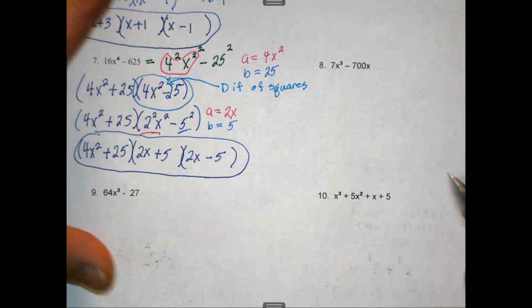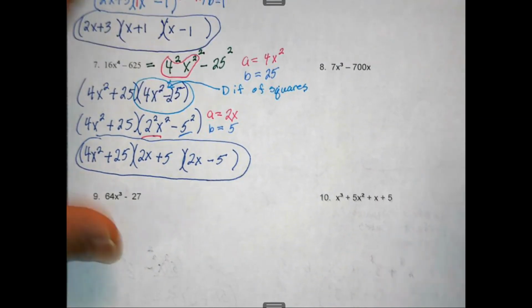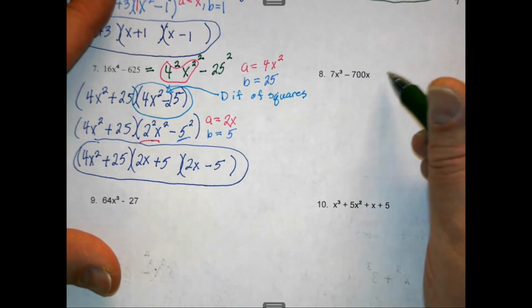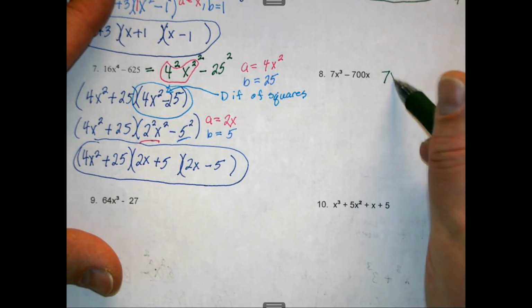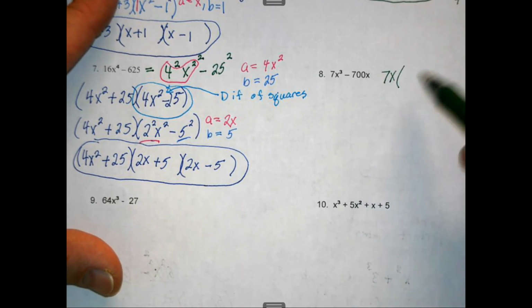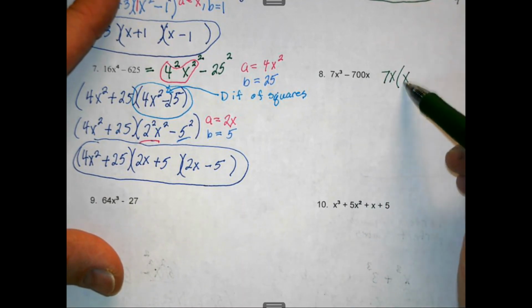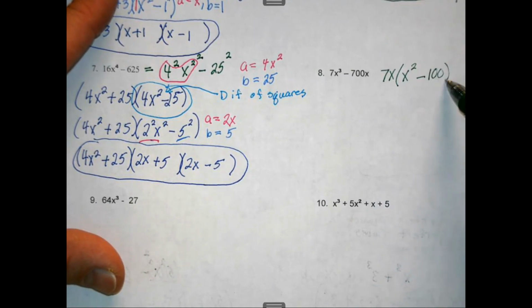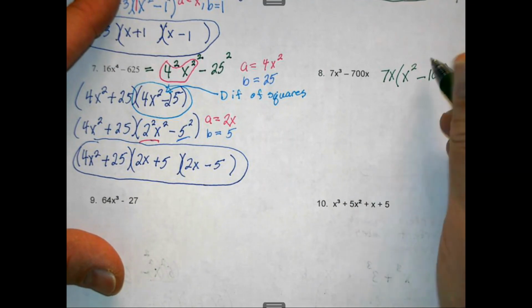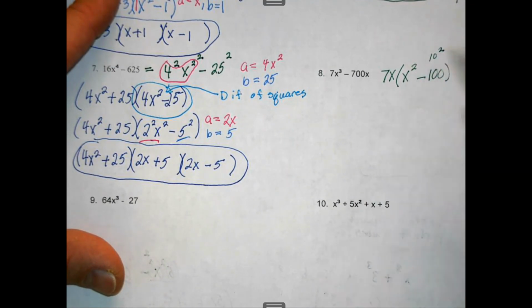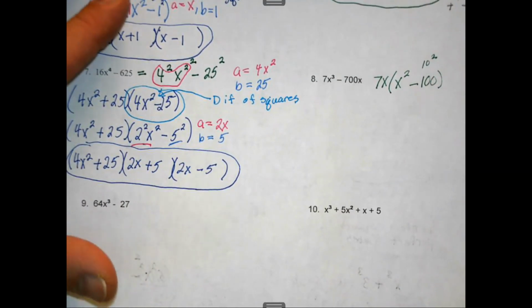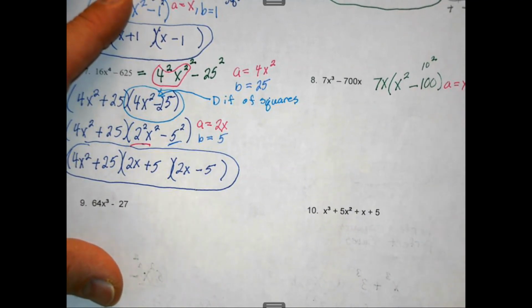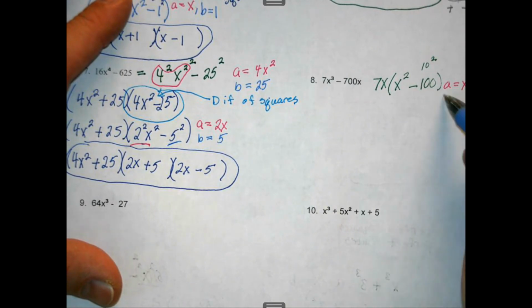We'll have a little bit of time. Number 8. What can I factor out? 7. Anything else? 7x. And what do I have? Minus 100. 100 is 10 squared, right? So my a is x, and my b is the base 10.